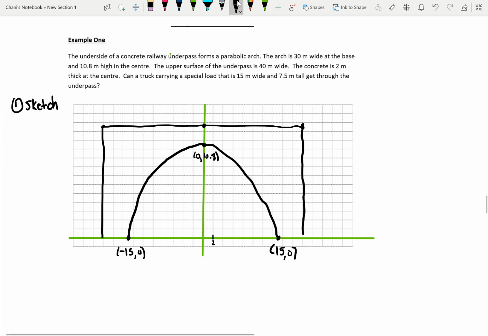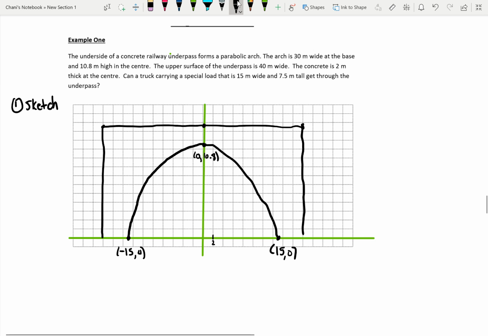So what they're saying now is, can a truck carrying a special load that is 15 meters wide and 7.5 meters tall get through the underpass? Can it fit through here? Another way of phrasing this is, if you go 7.5 meters up, is it wider or less wide than 15 meters? That's how I think of this. Alternatively, you could ask, with 15 meters wide, how far up does it go?